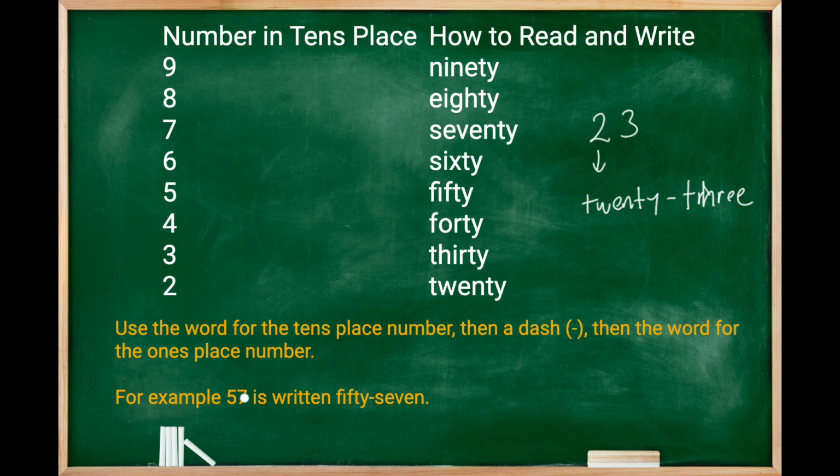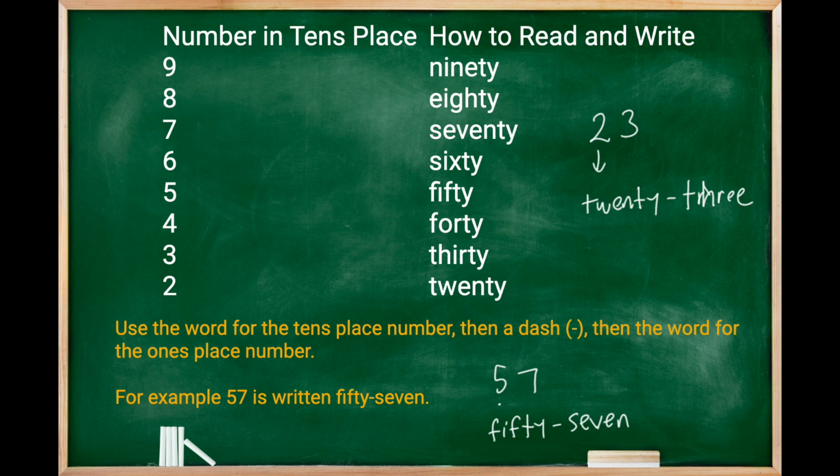Let's say 57. We write 5 first, 50, 5 in the tens place, then dash 7. So this is the rule for 2-digit numbers if you have tens place and ones place.